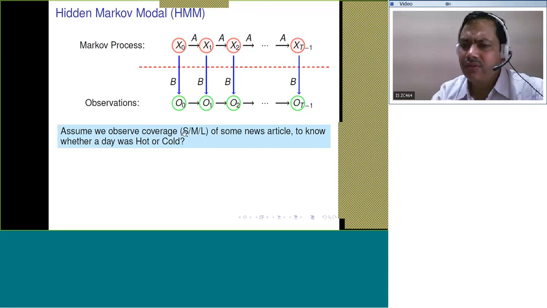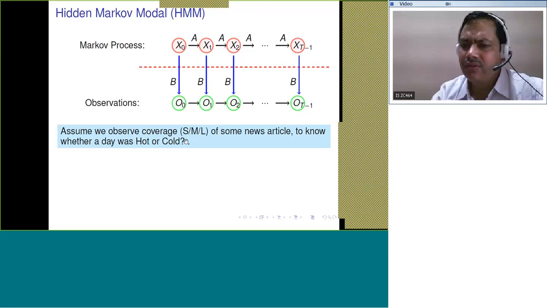You just want to see the coverage of snowfall. If there is a small column on the snowfall, then you say small coverage; otherwise medium coverage, and large coverage.